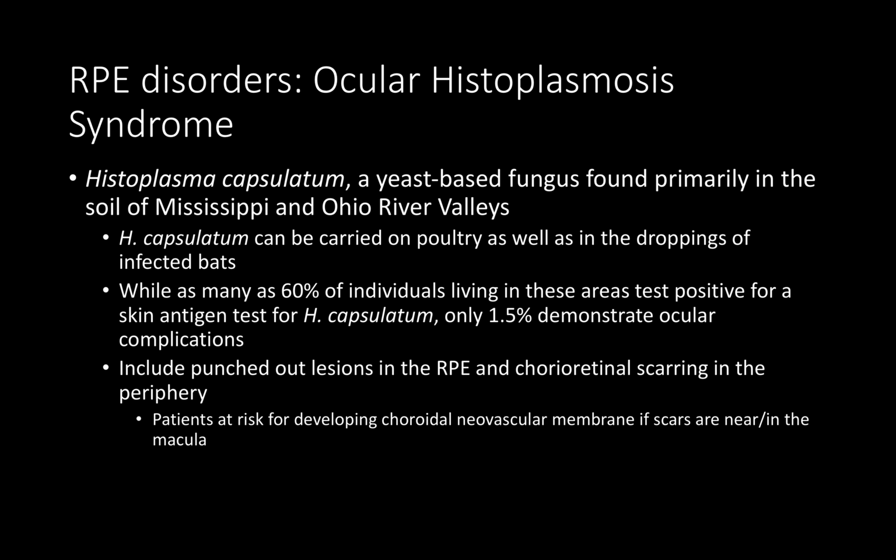You may also see this syndrome called presumed ocular histoplasmosis, or POHS, instead of just OHS. They just recently dropped the presumed from the nomenclature for this disease, largely because if it looks like OHS and it acts like OHS, it's OHS, as opposed to, well, I don't know that this person has been in this region, and so I can't say for sure.